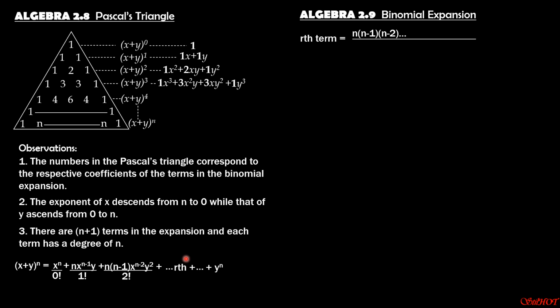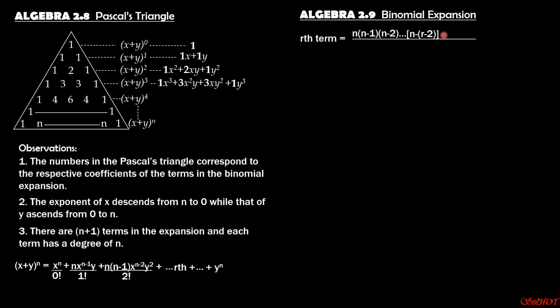Because 3 minus 2 is 1. So therefore, for the r term, it should end at n minus quantity r minus 2. Because for the third term, the coefficient ends at n minus third term minus 2, right? So n minus 1. So this should be n minus quantity r minus 2. So it should end there from this pattern.